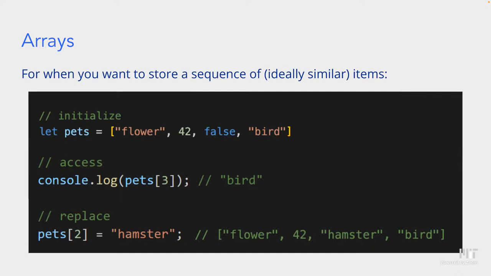You can also use this same scheme to redefine an element in the list. Over here where it says replace, you're trying to replace the 2nd position of pets with hamster.